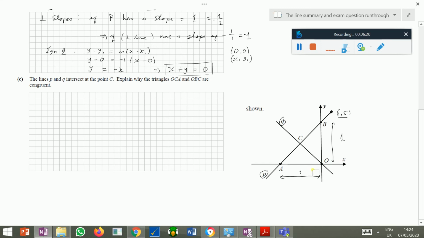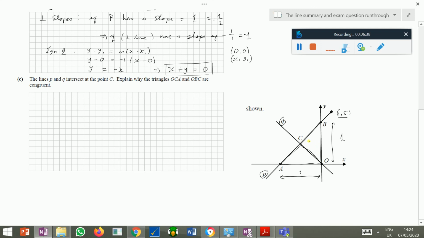Alright, so we get rid of all that stuff. What we say to get congruent, we're talking about this one here. That's triangle OCA, and OBC is this one here. So we've got to show that they're congruent.